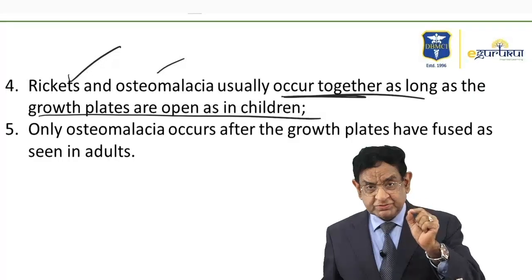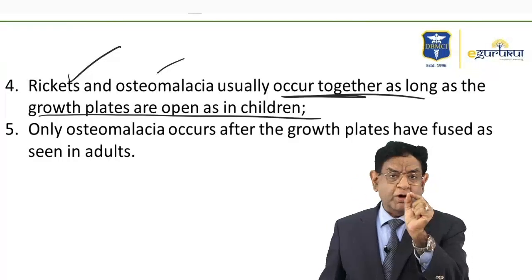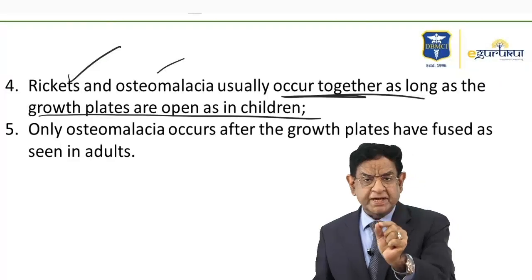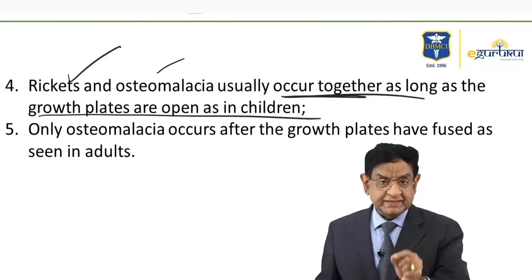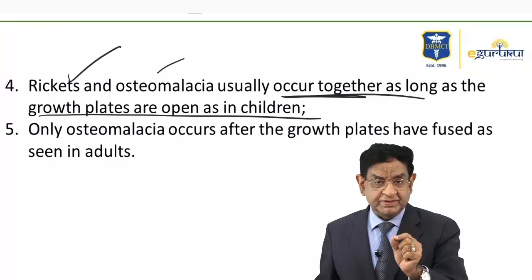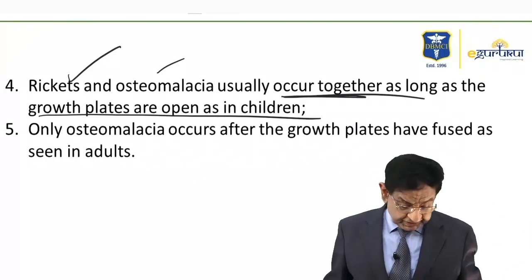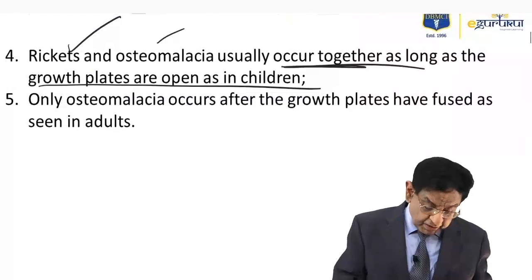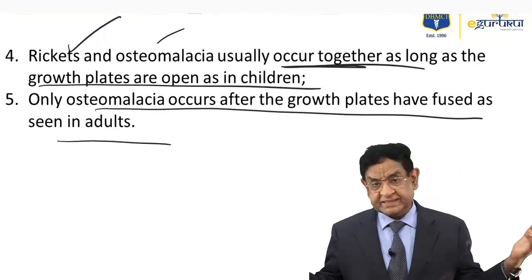So now you understood the importance of learning the basic concept. In rickets, the problem is a defect in the mineralization of the growth plate, and in osteomalacia it's a defect in mineralization of the bone matrix. With this background, only osteomalacia will occur after the growth plate has fused, as in adults.